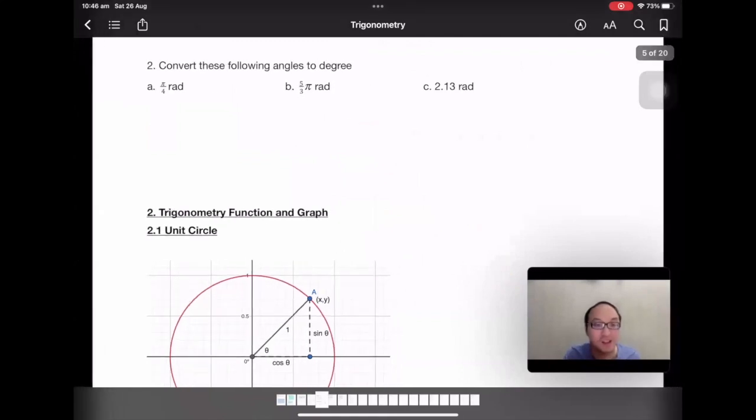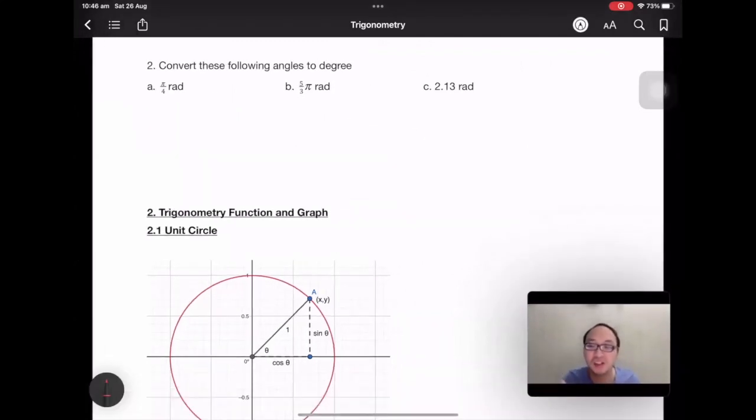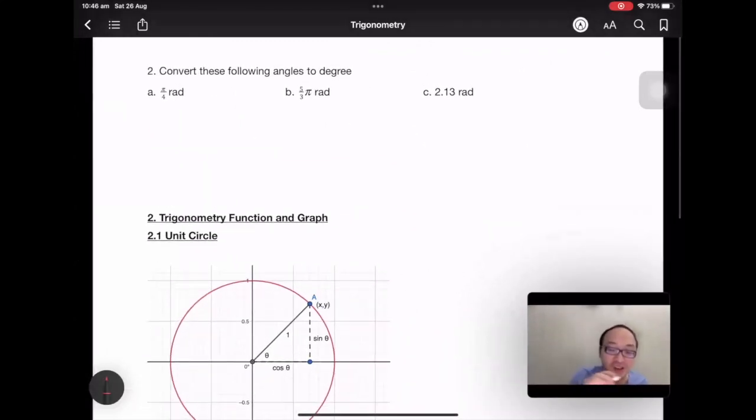And now we convert back from radian to degree. Using the conversion, pi radian equals 180 degrees. So 1 over 4 pi means 1 over 4 times 180, which equals 45 degrees.